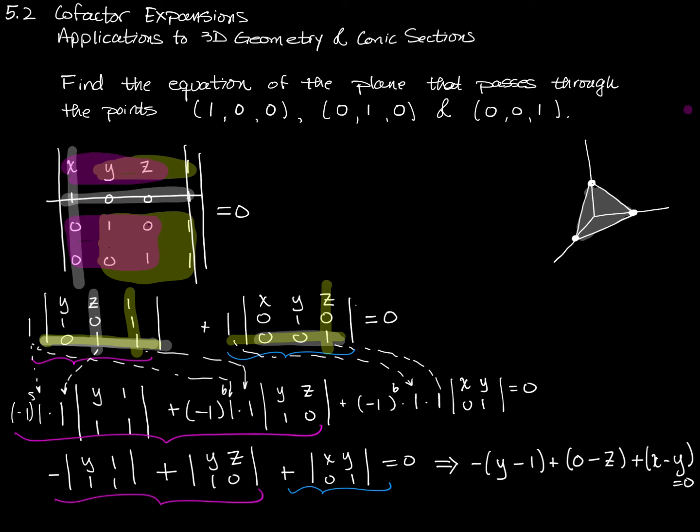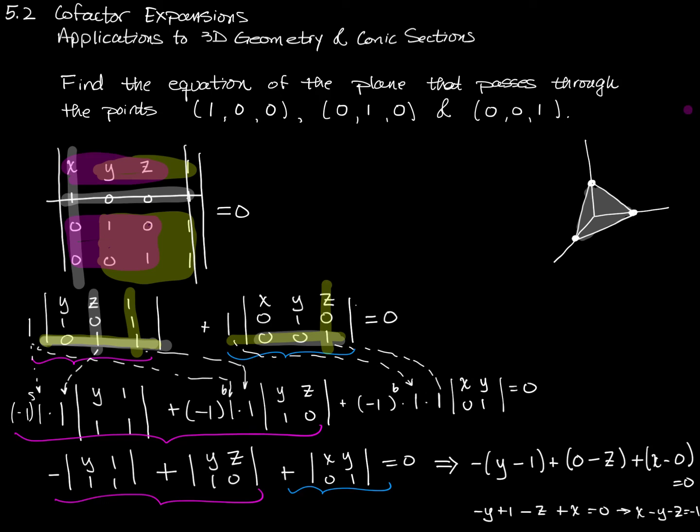And I see that I said y times 0, but I wrote y instead of 0 there. So let me correct that. So now I have this equation. I'm going to distribute and simplify. I have negative y plus 1 minus z plus x equals 0, or x minus y minus z equals negative 1.